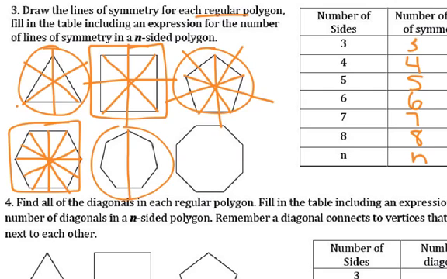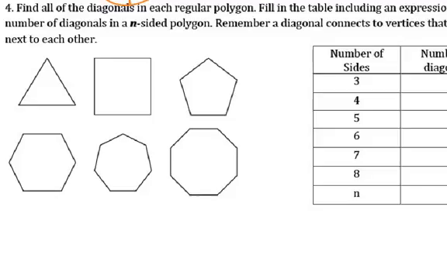Okay, so let's take a look now at the diagonals. For the diagonals, remember they're a vertex to a vertex that's not already connected with a side. So a triangle, there's none of them. For a square, that vertex to that vertex, that to that one, so there'd be 2.